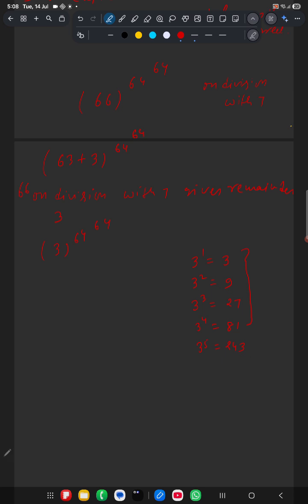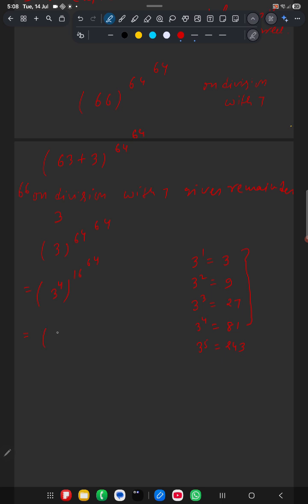The unit place repeats the same way as 3 raised to the power 1, 2, 3 and 4. So here I can write 3 raised to the power 4, and this will give you 64 because 16 fours are 64.